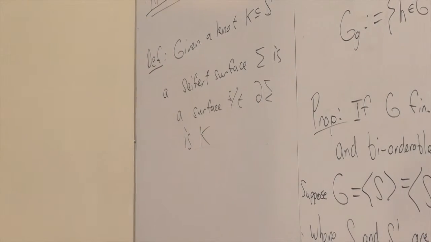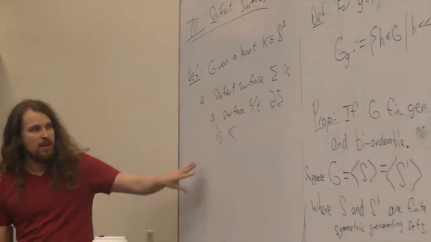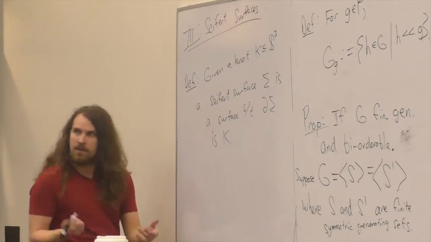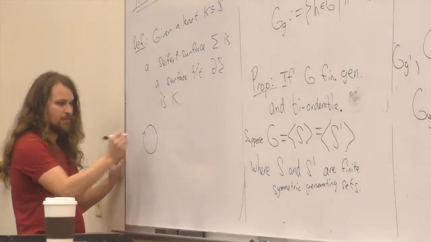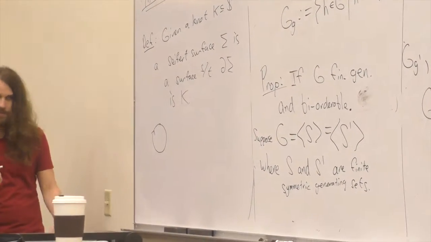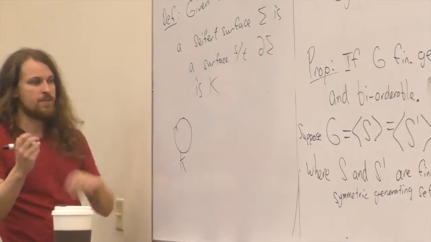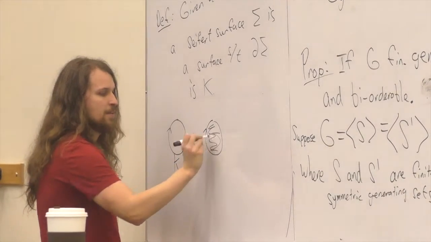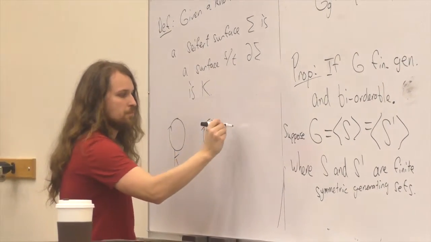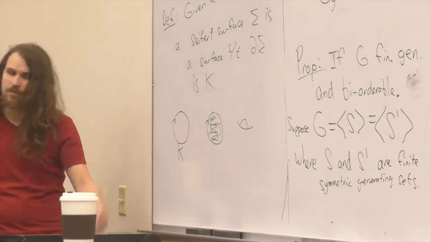I plan to fully go through the trefoil knot example and build a group presentation for it. First I'll state one for the unknot. The unknot is just the circle. Examples of Seifert surfaces for it would be a disk. And they're totally not unique because you can always add handles.